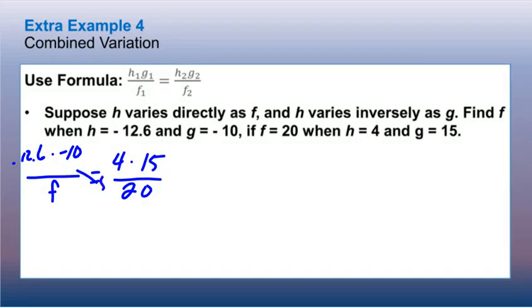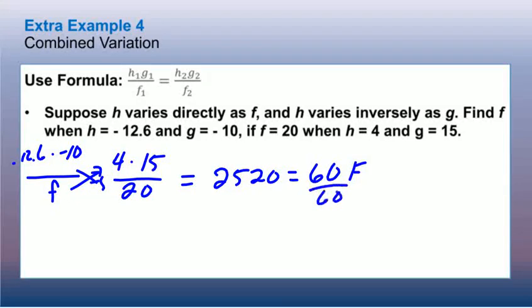If I do cross multiplication, this is going to give us -12.6 times -10 times 20, which gives us 2520, equals 4 times 15 times f, which gives us 60f. Divide by 60. So 2520 divided by 60, f is going to equal 42.